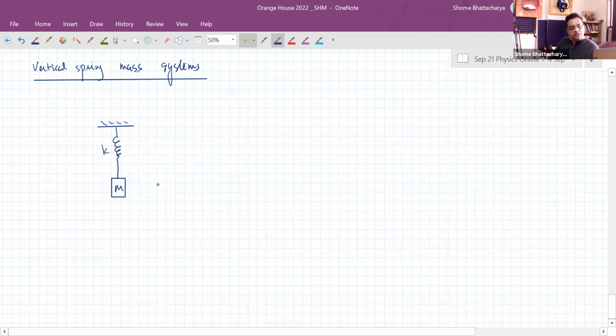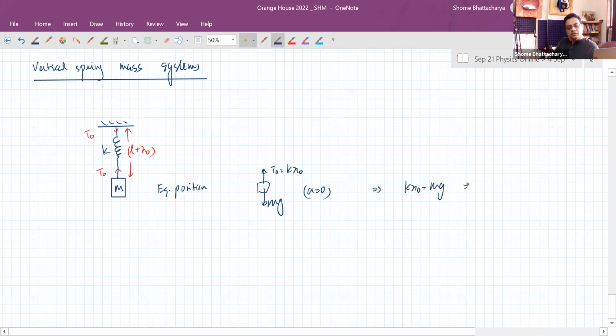Now initially, let us say this is in equilibrium position. So this is having some extension because there is gravity acting. So in equilibrium position, you can see that the free body diagram indicates that kx naught has to balance mg.